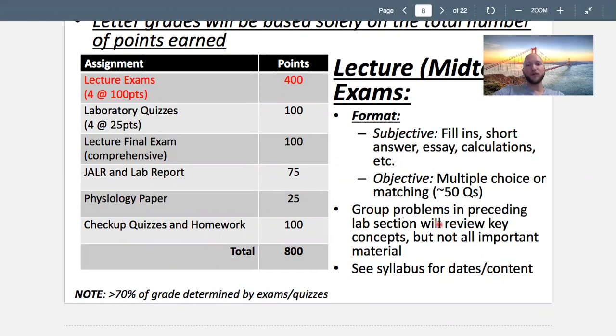We're not going to do them in groups really because we're online right now, but it's a really good review, a really good practice before the exams. So make sure you put some time into the group problems. It's probably the single best way to study in that final week before the exam. Please see the syllabus. The dates are already set in stone.